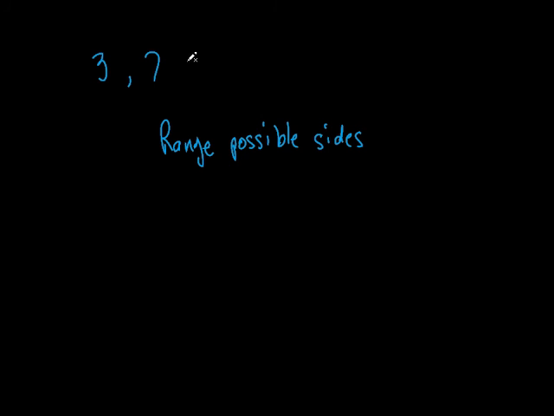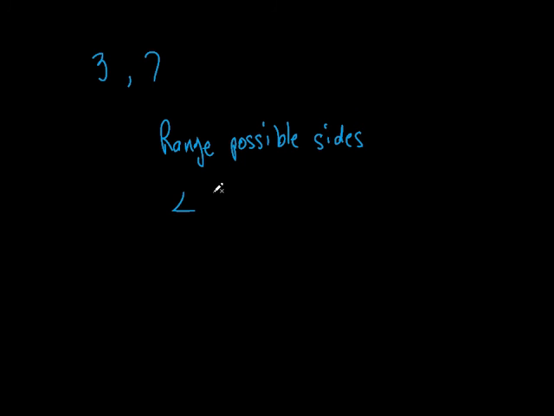Okay. So what does it have to be? It's got to be less than what? Less than 4? No, not less than 4, because 2 is less than 4, right? 2 plus 3 is not bigger than 7. So it's got to be less than what?